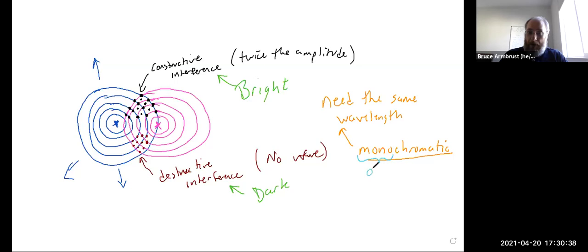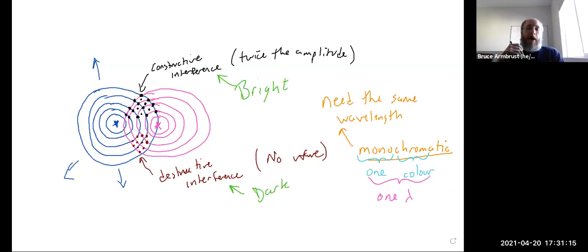So mono, that's one. Chrome is color. So monochromatic literally means one color. And in the context of light, one color means one specific wavelength.